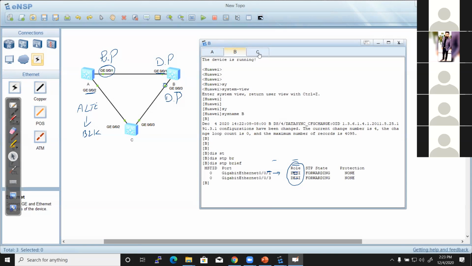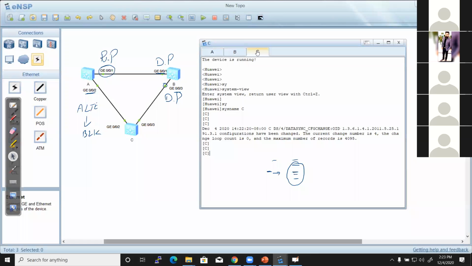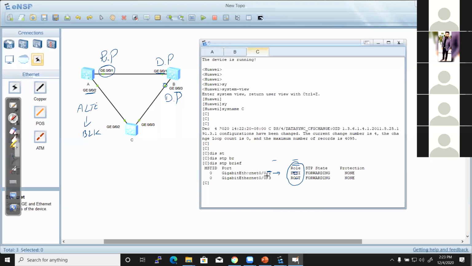And what about C? Let's see. Display stp brief. You can see port 2 is acting as the designated port, and port number 3 is acting as the root port.